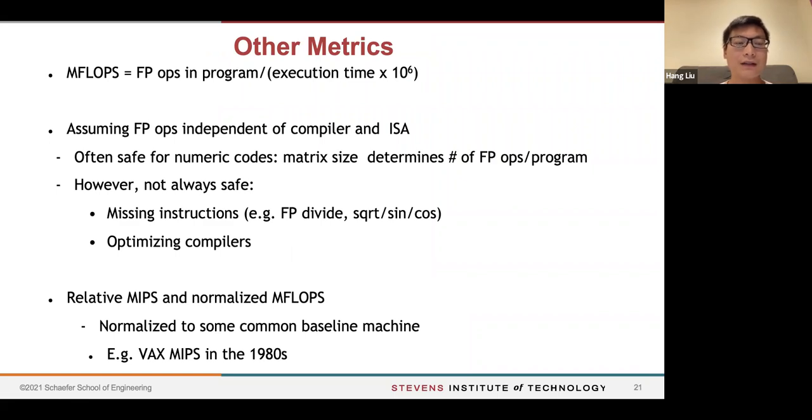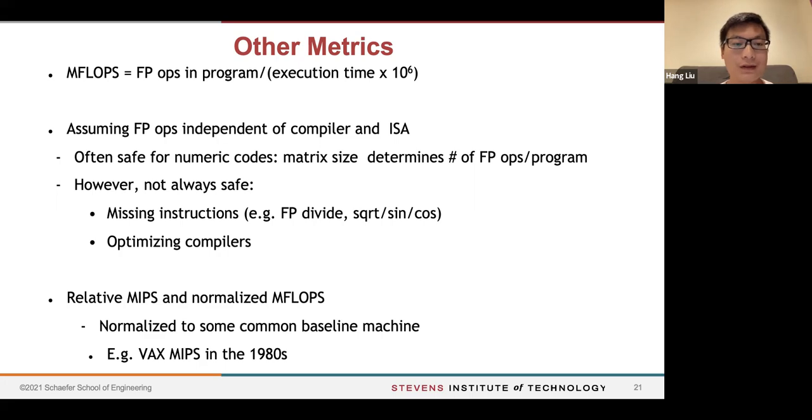Other metrics like million floating point operations per second, this is very important. It's typically used for high performance computing. Assuming floating point operation count is independent of compiler and instruction set architecture, it's often safe for numerical codes, like matrix size determines the number of floating point operations, no matter what kind of compilers or instruction set you are using, because the floating point operation is associated with the problem.